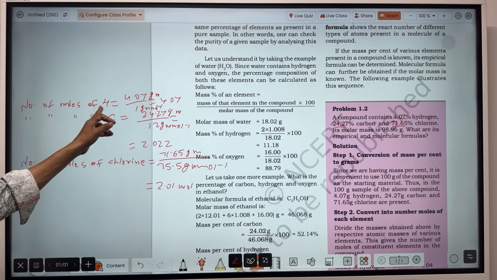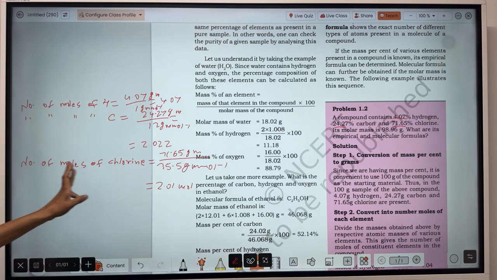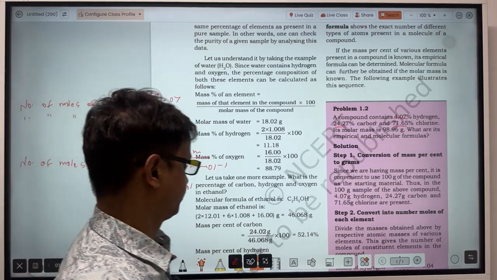Here the number of moles of hydrogen is 4.07, carbon 2.022, and chlorine 2.01. How do we find their ratio?